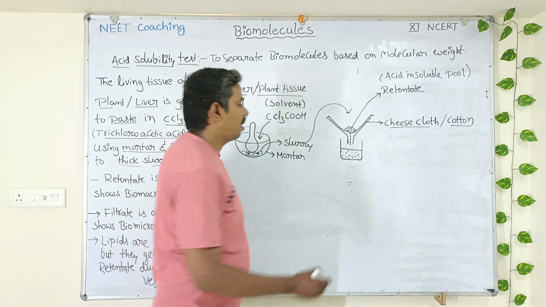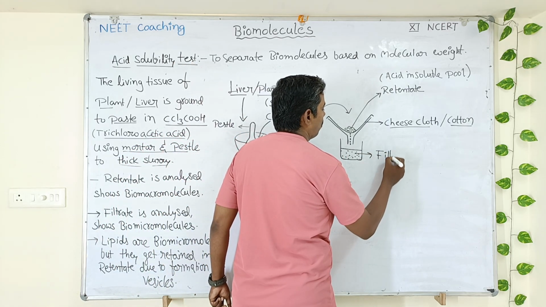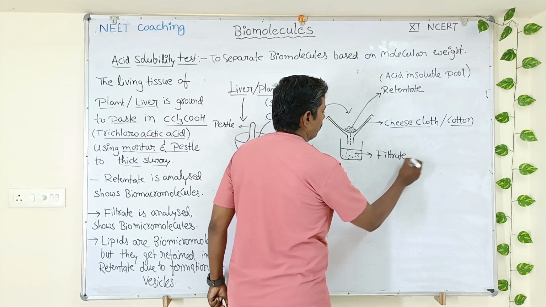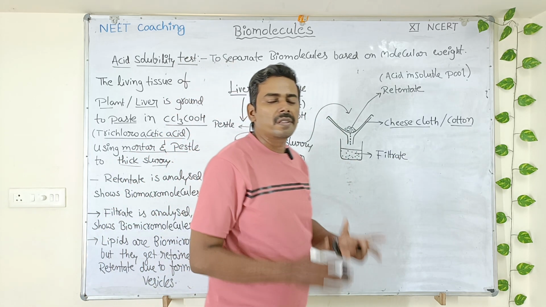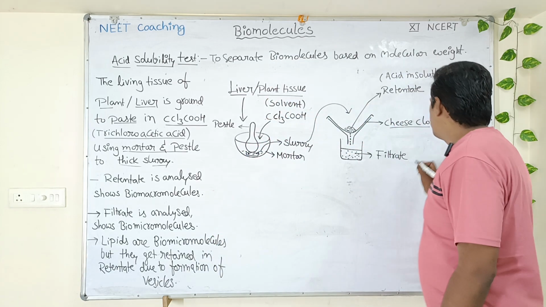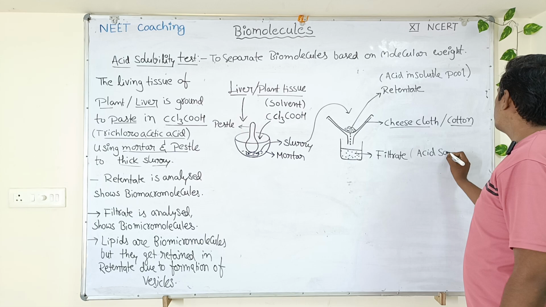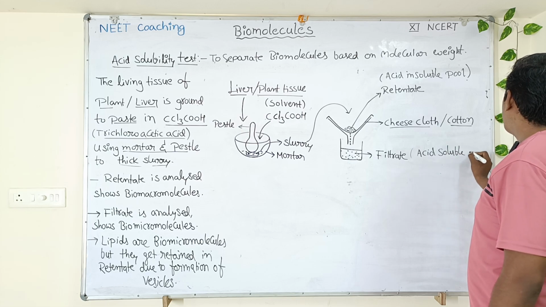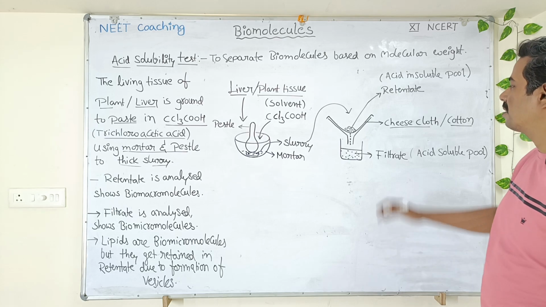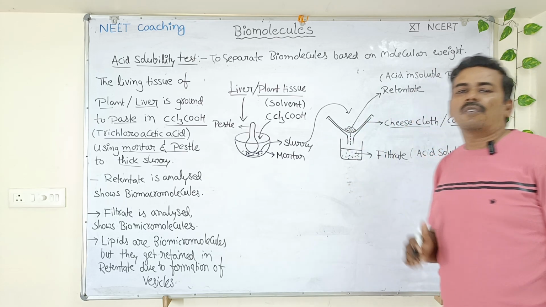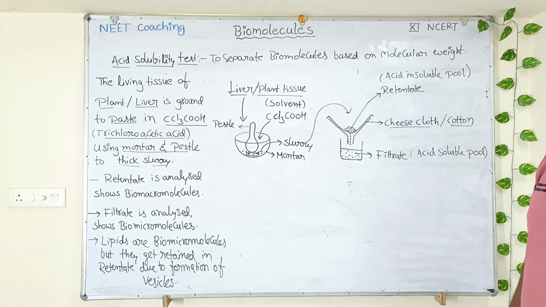It is called filtrate. The filtrate contains lots of molecules which are able to dissolve in trichloroacetic acid. It is also called the acid soluble pool. Understood, students? Now we have separated two types of materials using cheesecloth: one is retentate and another is filtrate.